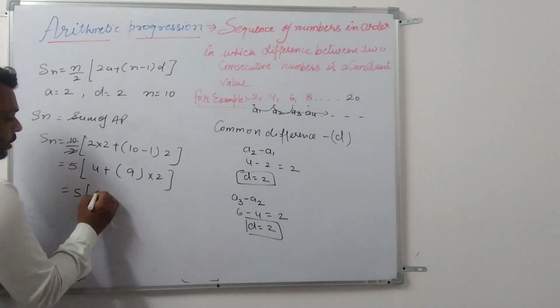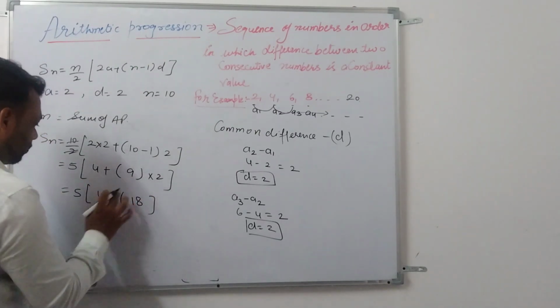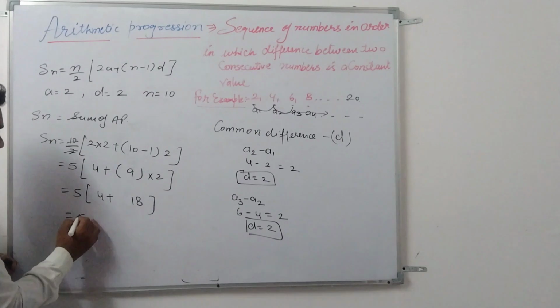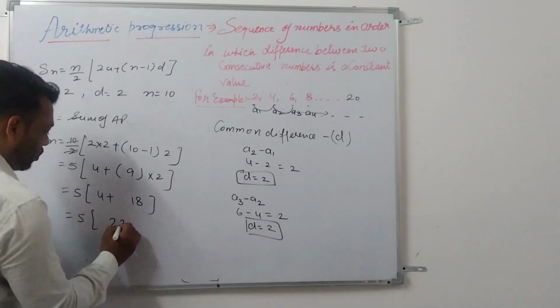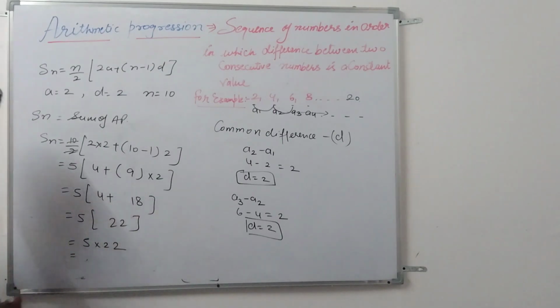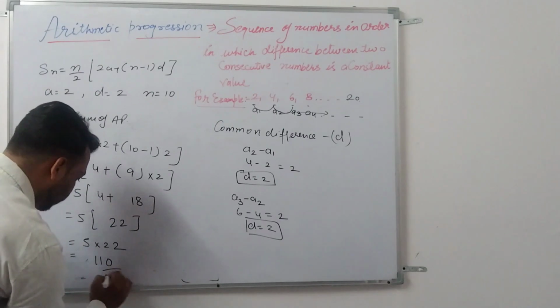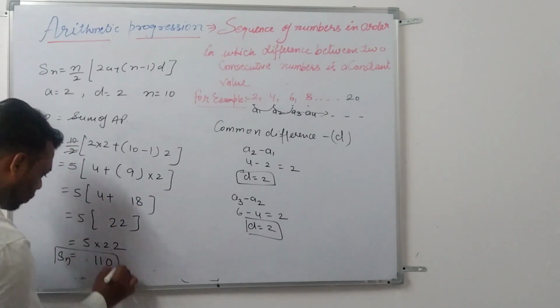Therefore 4 plus 18 is 22. Now we multiply 5 into 22. 5 twos are 10, and 1 eleven is 11. Therefore our Sn is 110.